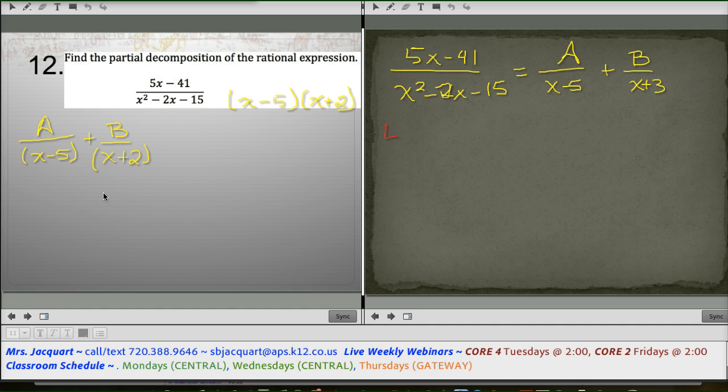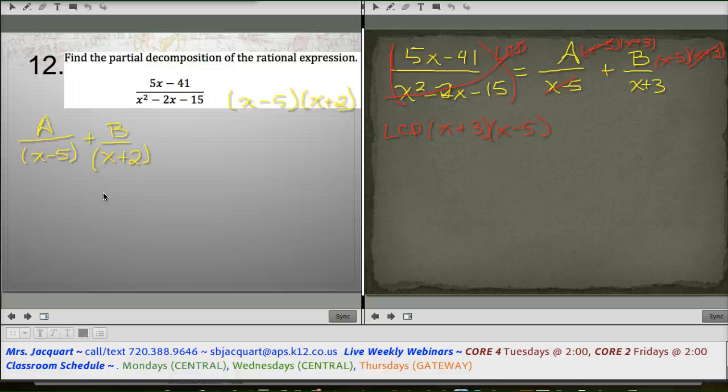Your LCD is x plus 3, x minus 5. If I multiply everything by the LCD, it'll cancel on this side, and then x minus 5, x plus 3: x plus 3 cancels, x minus 5 cancels.